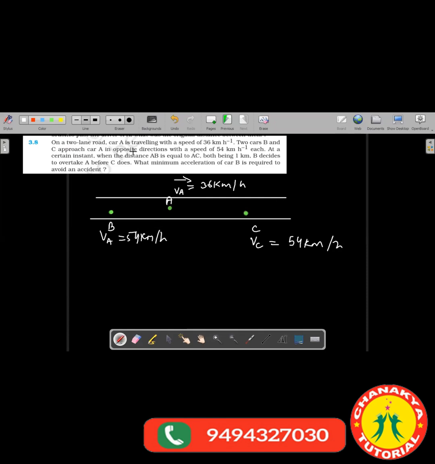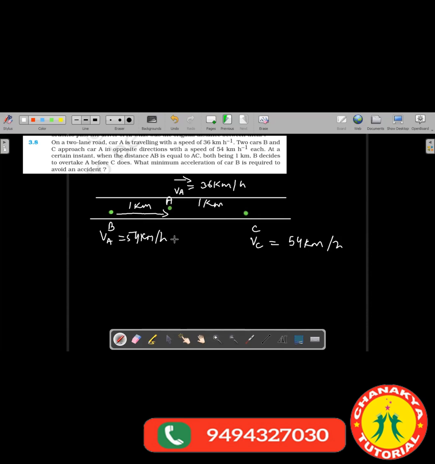Now, when the distance AB is equal to AC, both being 1 kilometer, so this distance is 1 kilometer, this distance is also 1 kilometer, and B decides to overtake A before C does. So you have to find what should be the minimum acceleration that B should have so that it is able to overtake A before C.